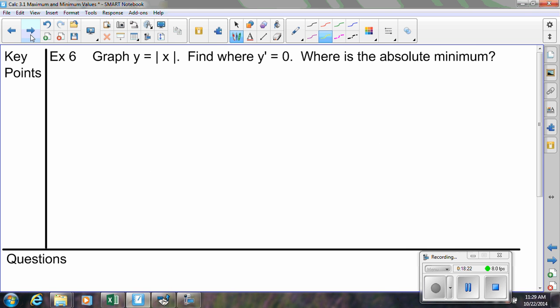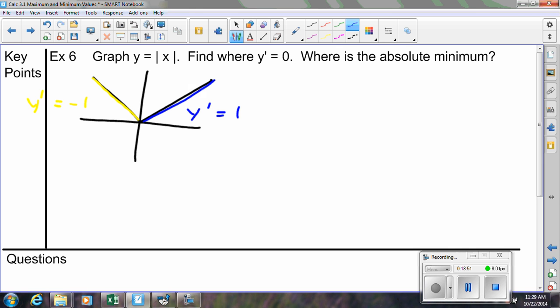Okay, what about here? Graph absolute value of x. Where does the derivative equal 0? It doesn't. We know on the entire left-hand side, the derivative is negative 1. On the entire right-hand side, the derivative is positive 1.